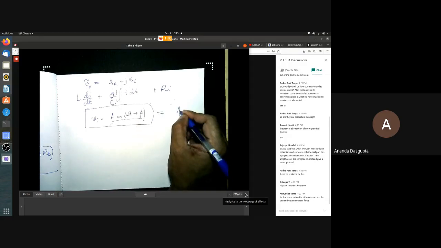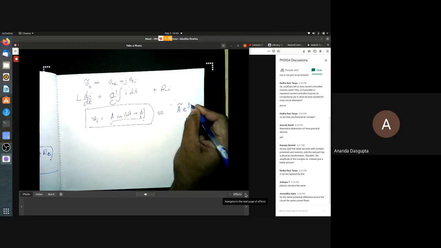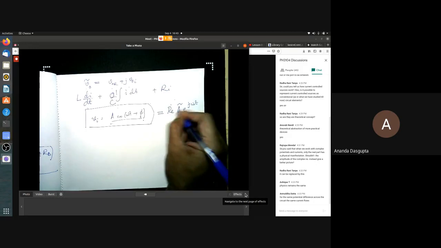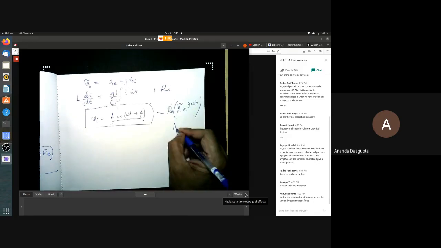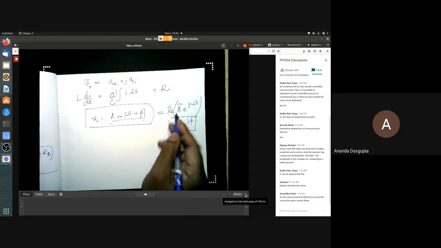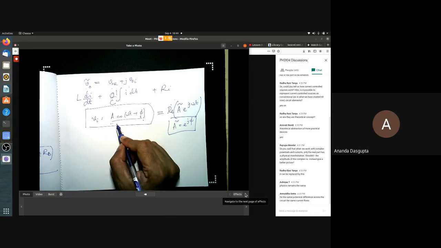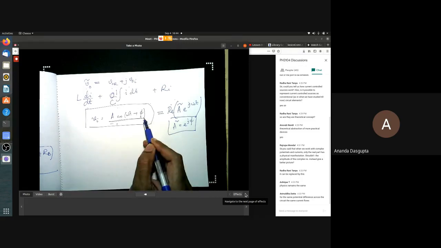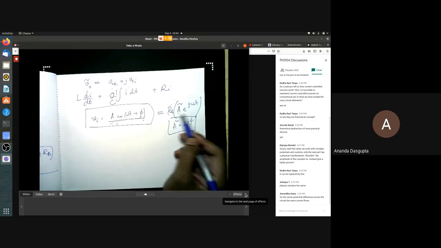Now what you do is you write this as the real part of a tilde e to the power j omega t, where a tilde is a e to the j phi. Now this is a mathematical truth, right? That if you write a cos omega t plus phi as the real part of a tilde e to the j omega t, that's just mathematics. There's no physics here.